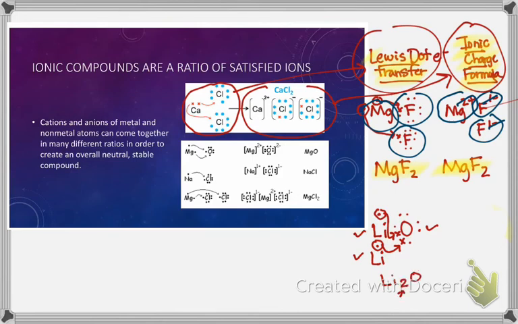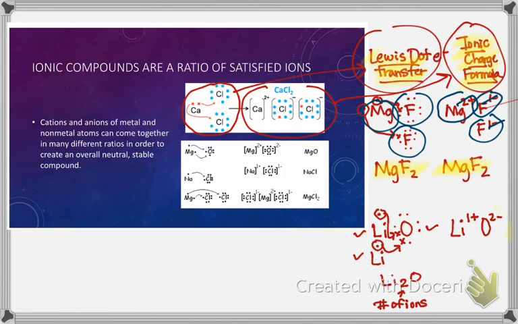This subscript represents the number of ions needed in the compound to make it chemically stable. It also represents the number of ions needed to create an overall neutral charge. And so we can show that with the ionic charge formula, where we see that lithium with a 1 positive charge in group 1 and oxygen with a 2 negative charge in group 16 are not equal.